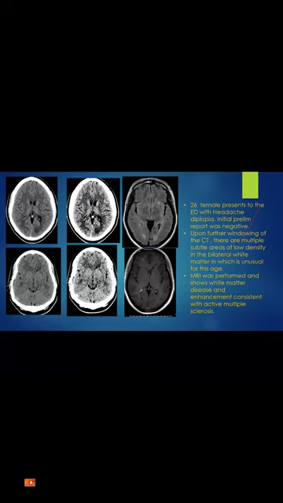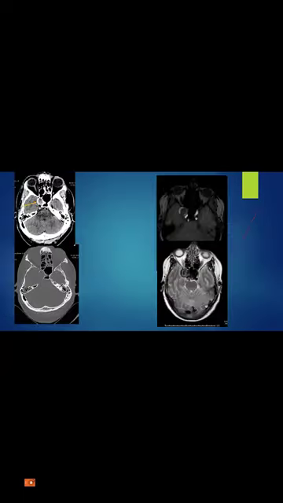So I asked them to bring the patient back to do an MRI because this is white matter disease. This was multiple sclerosis in the acute phase, with active plaques which show enhancement and T2 hyperintensity. Just make sure that in a young patient, if there is periventricular and deep white matter hypodensity, this is unusual. You need to think of something other than small vessel disease.